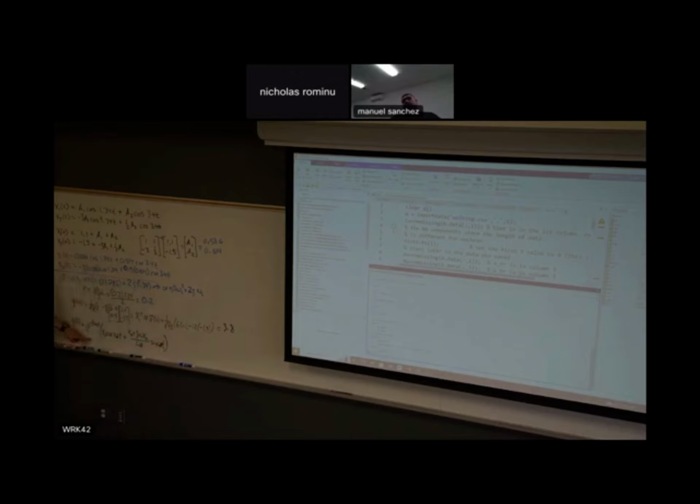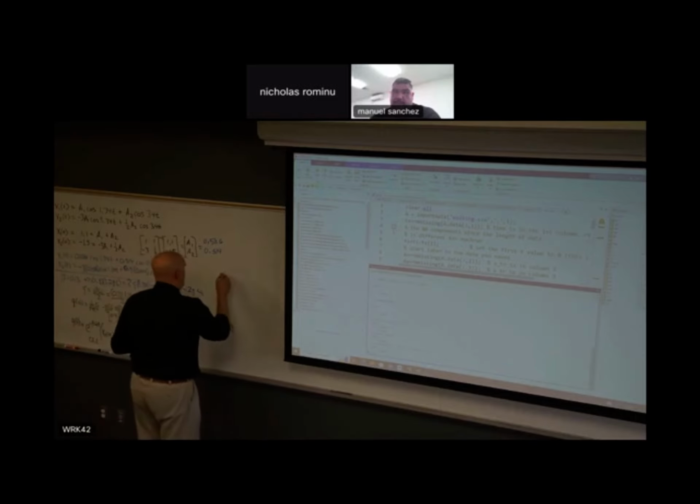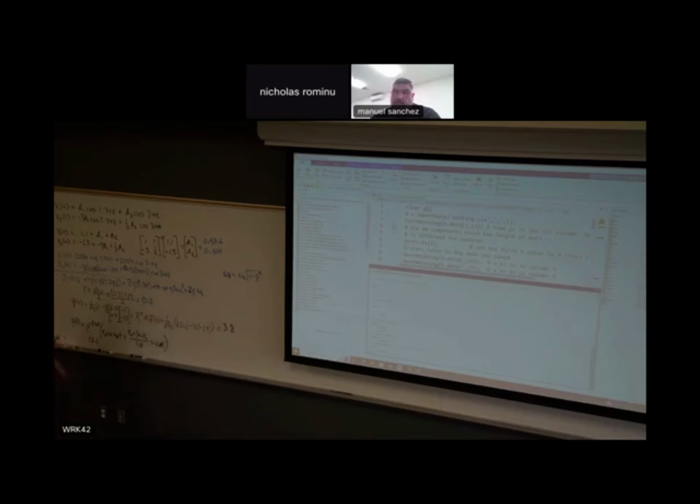Right, so this is the transient response from chapter 2. What's omega d? Omega d is omega n times the square root of 1 minus zeta squared.